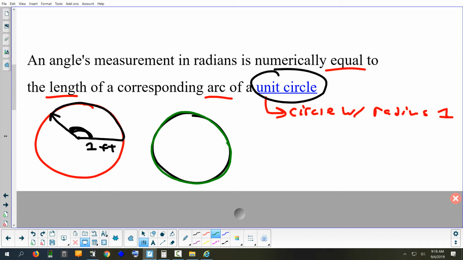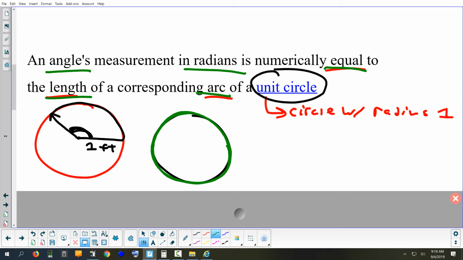If you can figure out the size of this arc that goes all the way around the circle, the length of the arc is the same as the size of the angle that goes all the way around the circle. So if you can tell me the size of the arc that goes around the circle, then you know how many radians it takes to go all the way around, because they're exactly the same.